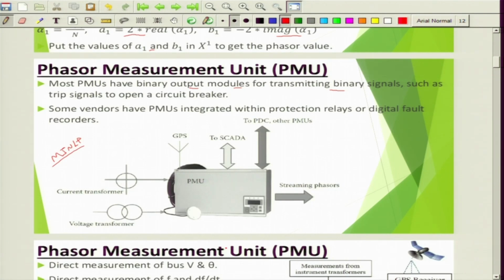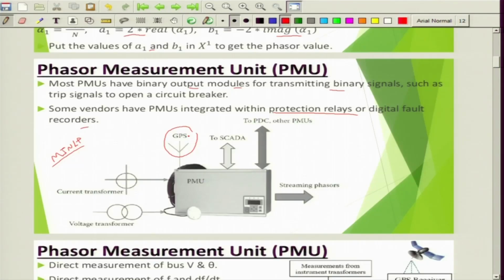Some vendors have PMUs integrated within protection relays or digital fault recorders also. If you see the typical structure of a PMU, we get current and voltage measurements by using CT and PT, and there is a GPS which helps us synchronize the sampling and the phasor measurements happening at different PMUs that are geographically located at different distances.